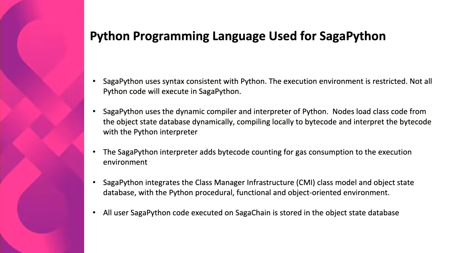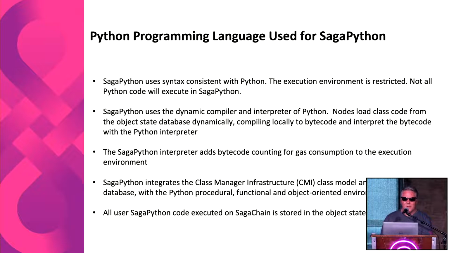Good. Next slide, please. So at the very highest level, this is how we use Python in SagaPython. First part is that we're still using full Python syntax. We have not modified the compiler, we've not modified the interpreter, with one exception. In the top of the main loop of the interpreter, we have a byte counter so we can generate gas.